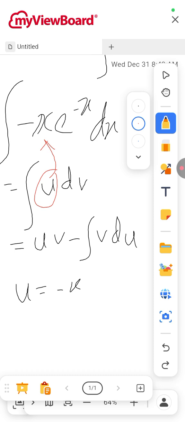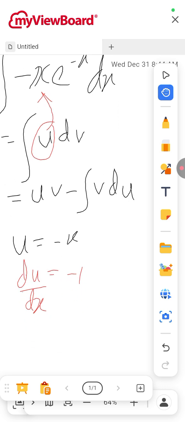So my u is minus x. Then immediately I can differentiate it to find du. Differentiate that immediately. So what's du dx? That's a minus 1, I'm differentiating this, minus 1.